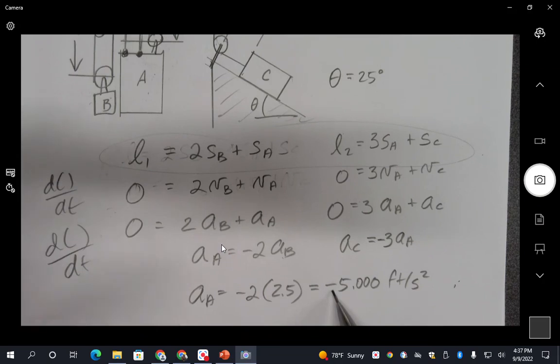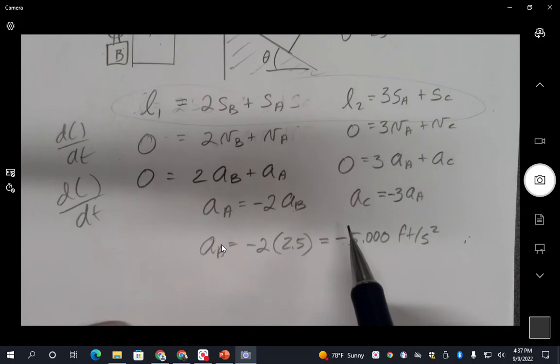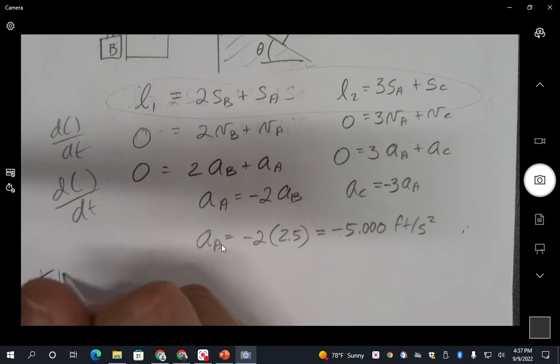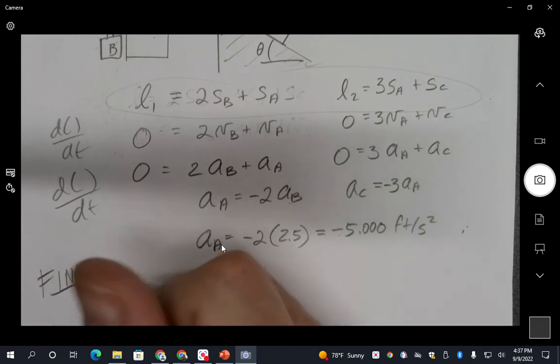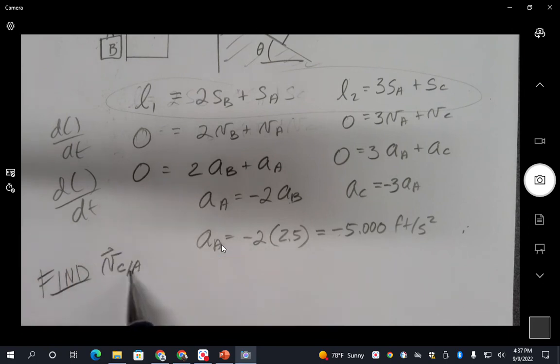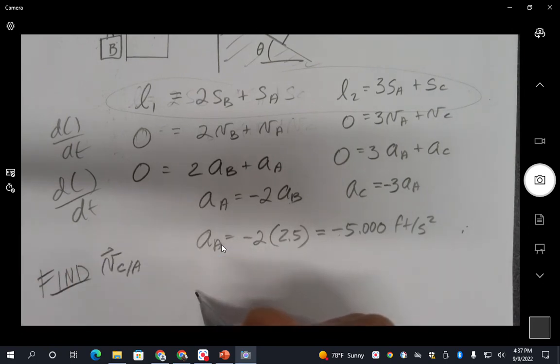You just got to be careful with these signs in these problems. We could find the velocity of A because we were asked to find the velocity of C with respect to A. Our find, which we should have written at the top, was supposed to be VC with respect to A, so we need to find VC and VA.